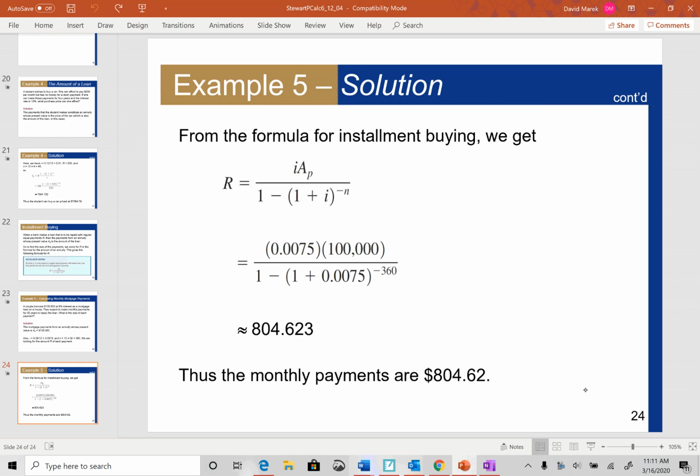Use parentheses around that entire denominator if you're going to try and do this in one step with your calculator. Big set of parentheses around everything in the denominator. So the monthly payments are going to be $804.62 for the next 30 years of their lives.